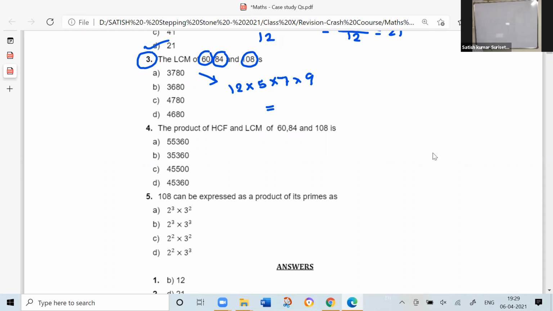Check, have you taken these factors only or not? 3780 you should get. You have to be very fast in the calculations. So the option A.